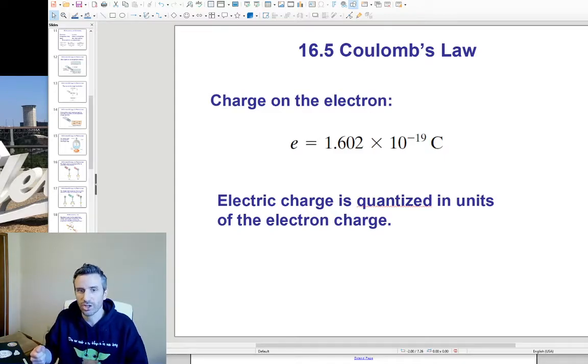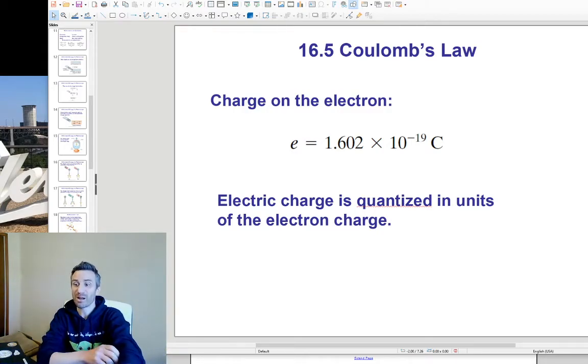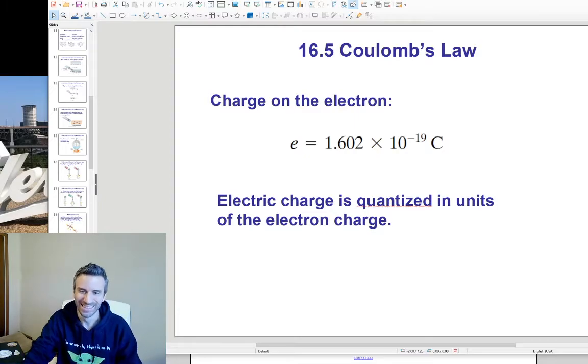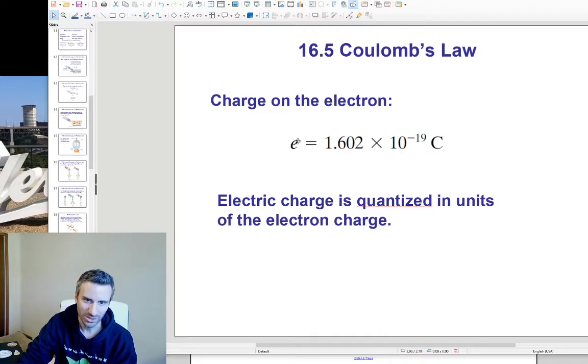It tells me the charge of an electron, but it doesn't tell me the charge of a proton. They're the same! Okay? Please remember that the charge of an electron and proton are the same. So this represents the charge of an electron and proton. It's just that it's usually not stated as the charge of a proton. You should already know that.